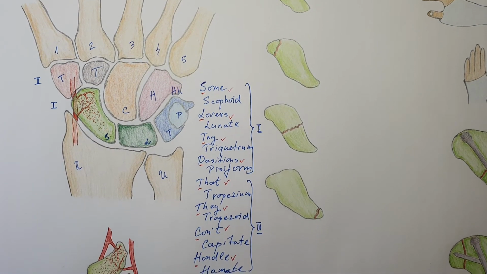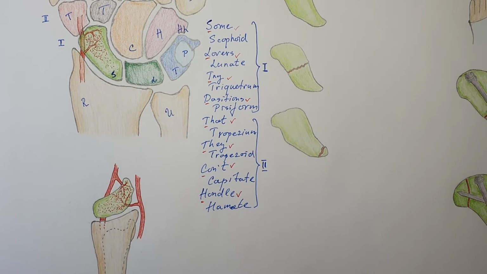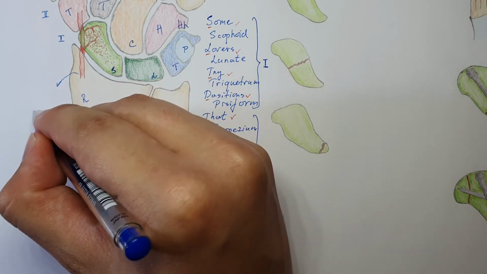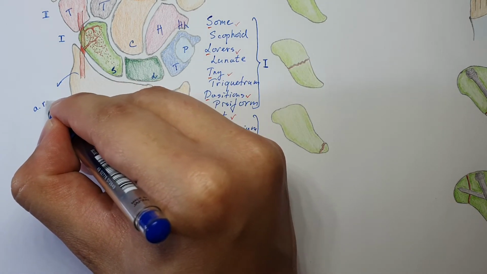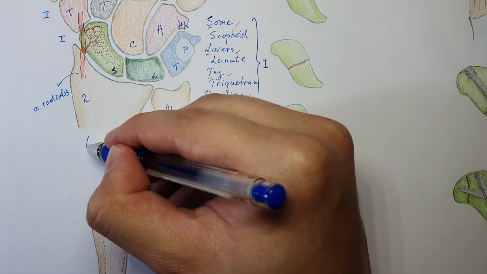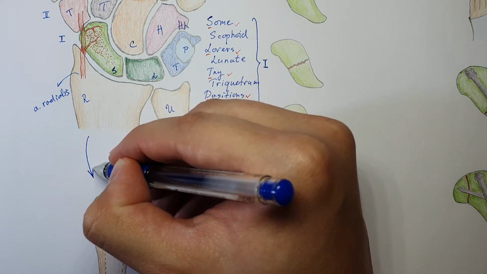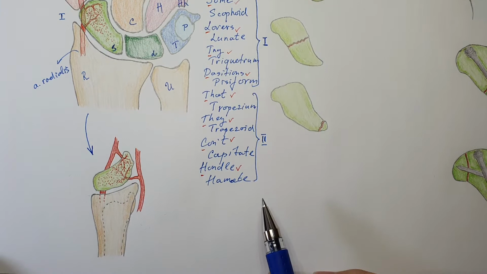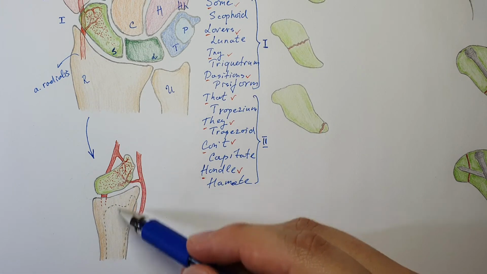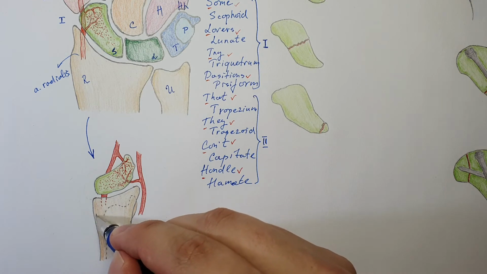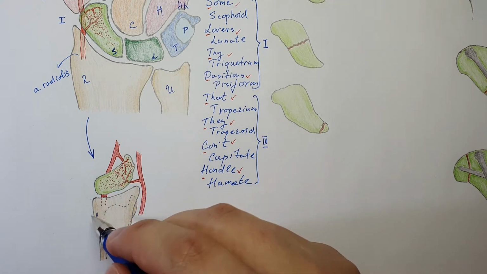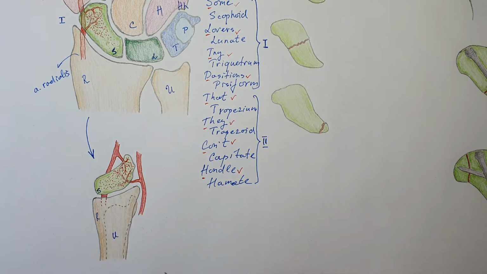An explanation of this: this is the radial artery, or the arteria radialis. If we look at this picture, this is actually a lateral view. This would be the radius, and behind it is the ulna, and we have here our scaphoid bone.